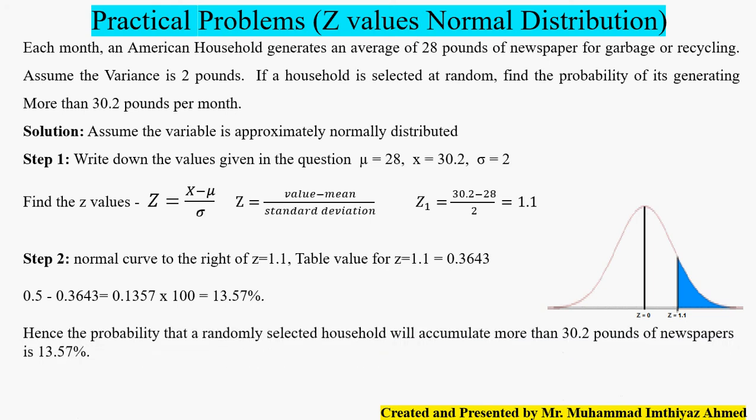Hence, the probability that a randomly selected household will accumulate more than 30.2 pounds of newspapers is 13.57%. So I hope this problem with regard to z values is clear.